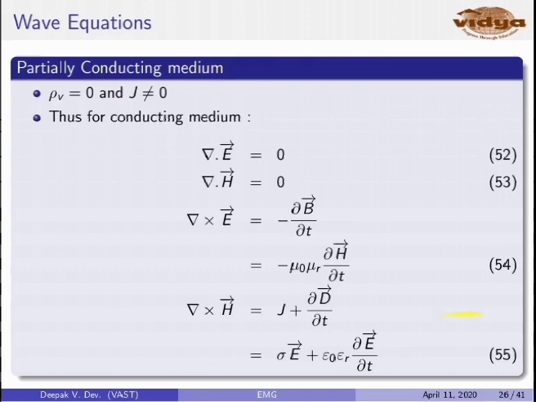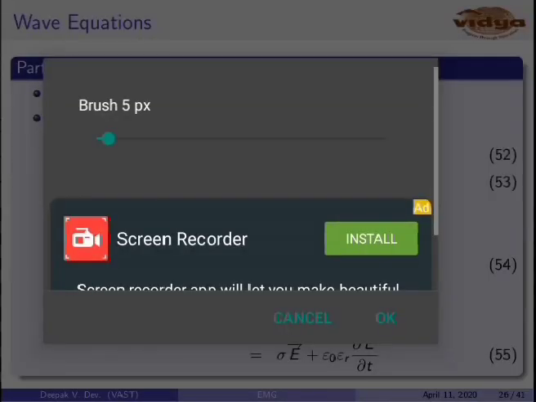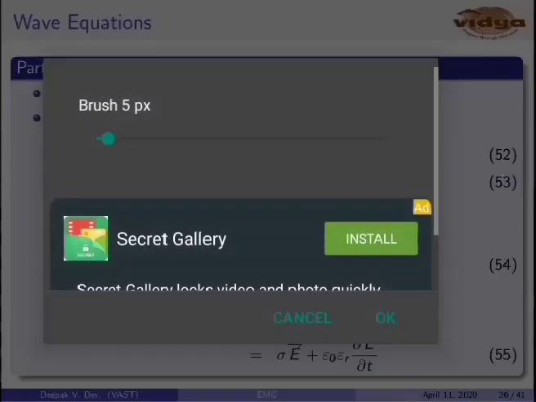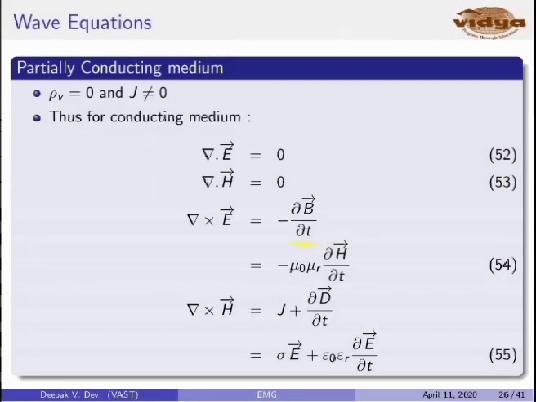So we have these previous Maxwell's equations. If you substitute this term, here there is a dou by dou t term. So instead of dou by dou t, if you substitute j omega, you will obtain these equations in the phasor form.